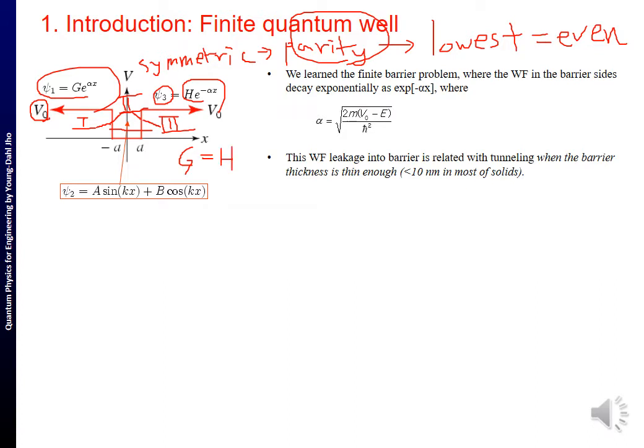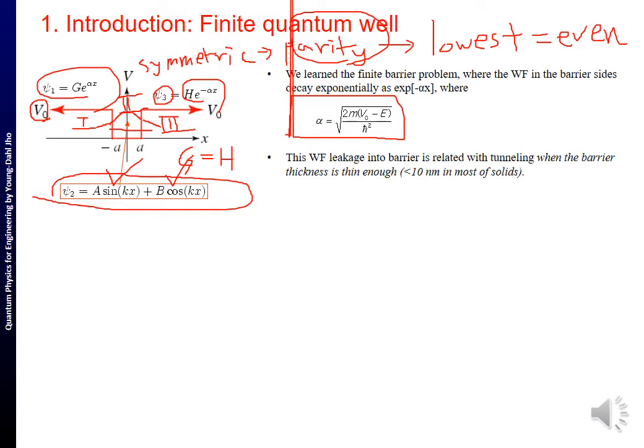In region 2, the solution is like this in the most general case, but for the even state we should select cosine, for the other state we should select sine, right? And previously we selected cosine for the lowest energy state. Then we learned the finite barrier problem, where the wave function in the barrier sides decays exponentially as exponential minus alpha x, where alpha is given like this.